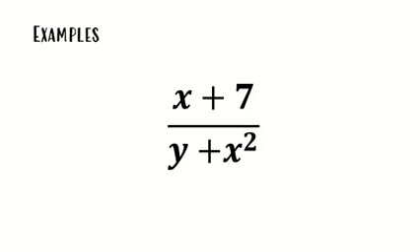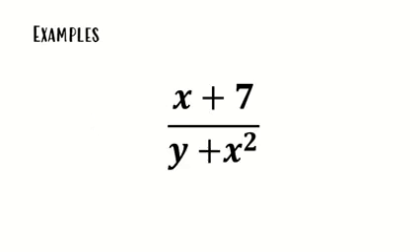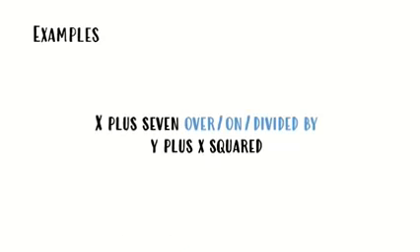So let's have a look at some examples. How would you say this equation in English? Remember to use the rules that we've just learned. So this would be x plus 7 over, on, or divided by y plus x squared. Yeah? So let's look at it again. X plus 7 over, or on, or divided by y plus x squared.